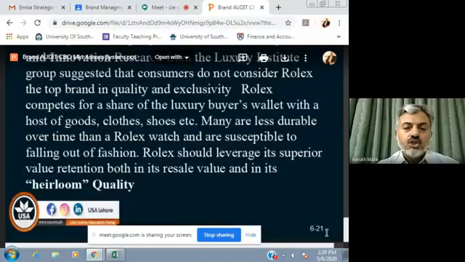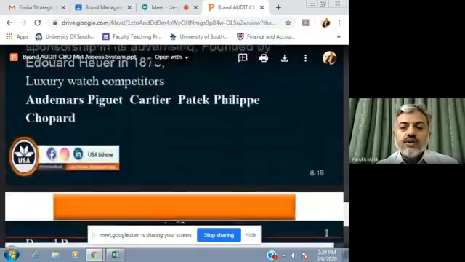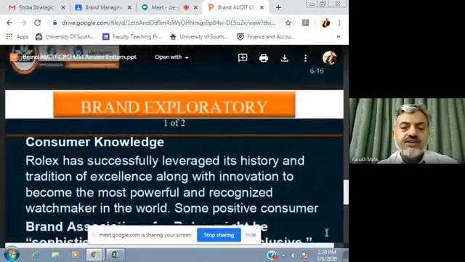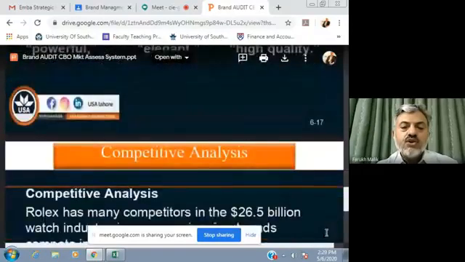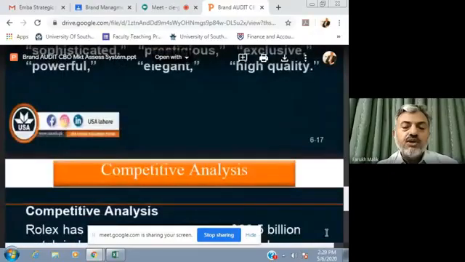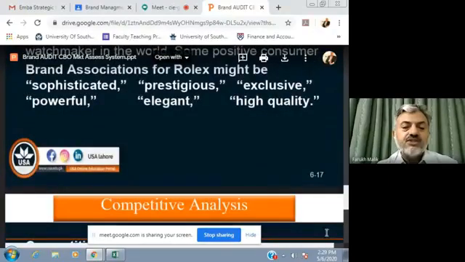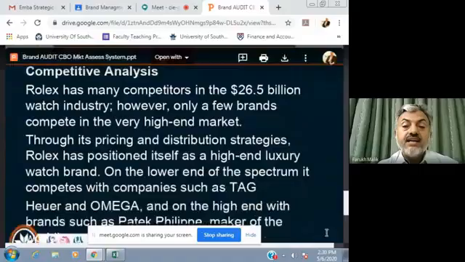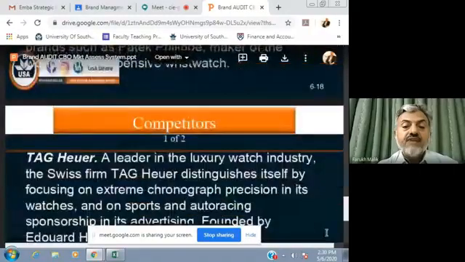So in brand exploratory, we should focus on the product knowledge, consumer knowledge of our product, whether the customer thinks of our product as sophisticated, prestigious, exclusive, powerful, elegant, high quality. Then we should do a competitive analysis in brand exploratory and find out all about our competitors and how we are competing with them.